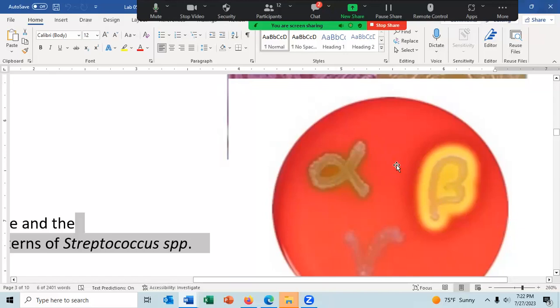You wouldn't see it here where the bacteria is, but you could see it here. Any questions about blood agar plates and the difference between the differential hemolytic activity as well as blood agar being an enriched media plate?